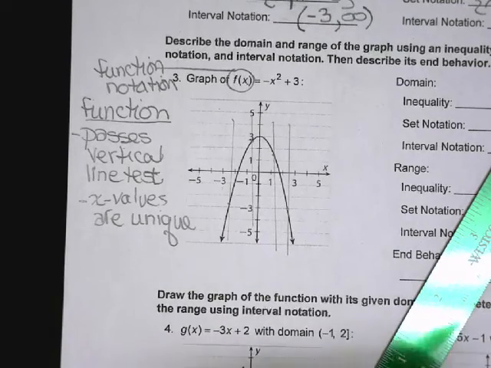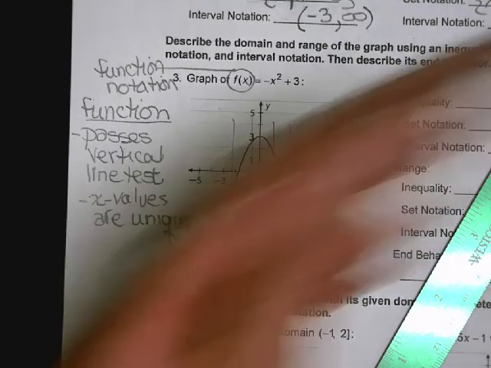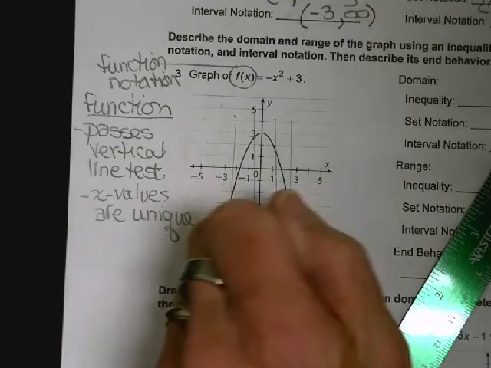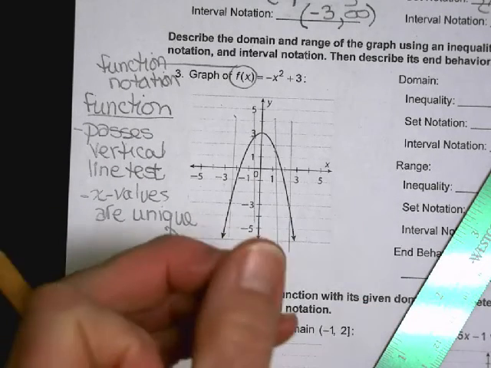If I put in a 1, there's only one answer that comes out. I can't put in any other value to get that same answer out. Everything's all unique. Like, you know, the one of a kind, you guys? You guys are one of a kind? Right? So if I put in a 1, I'm going to get out a unique value. If I put in a 2, I'm going to get out a unique value here.